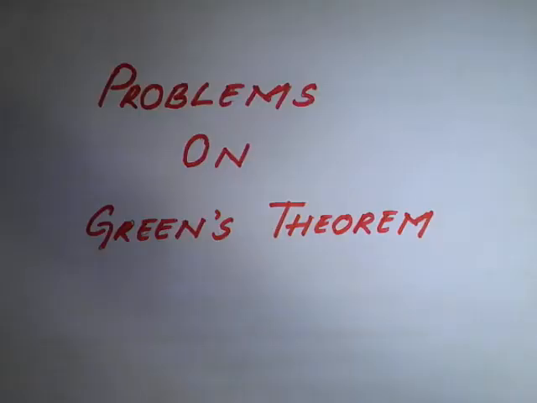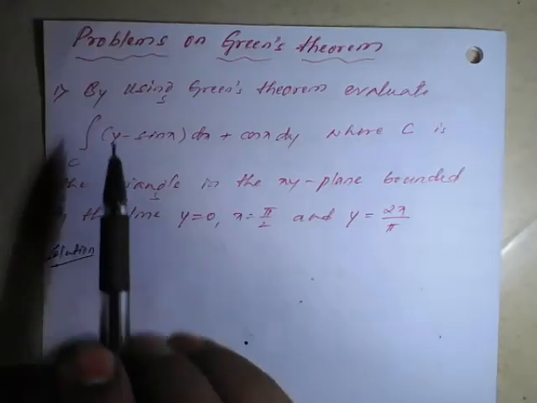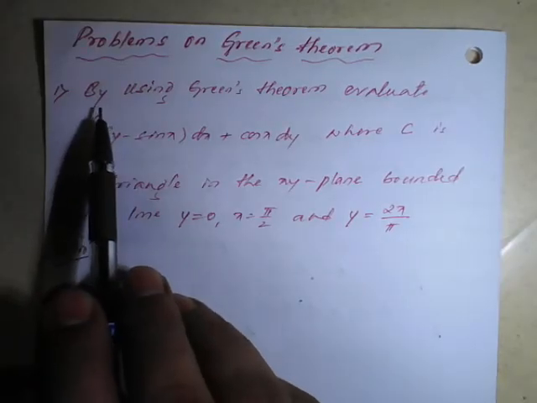Now we'll see the problems on Green's theorem. So the first example is question number 1.